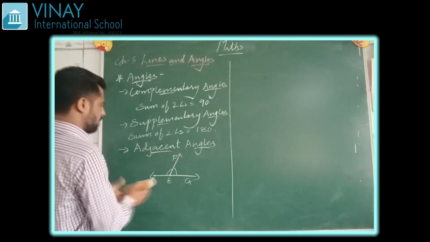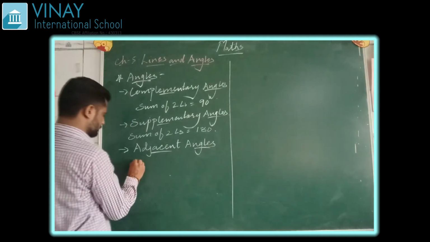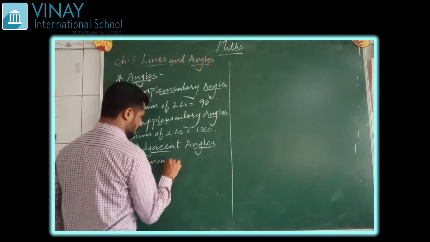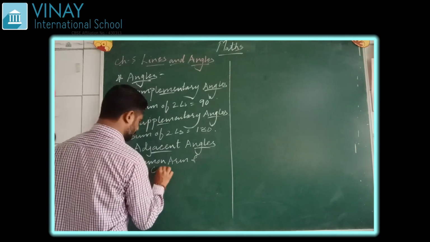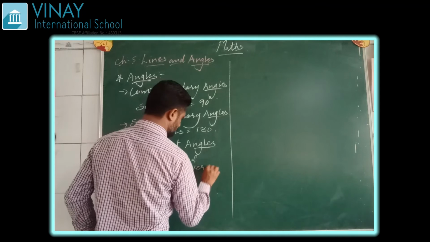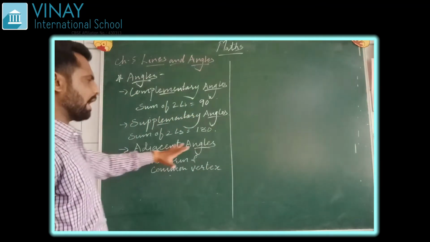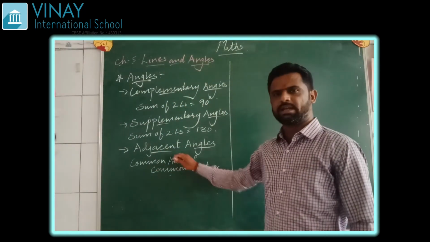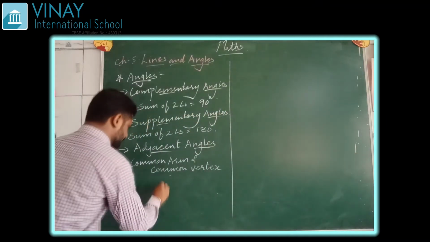So the definition of adjacent angle is: common arm and common vertex, one common arm and one common vertex. If two angles have one common arm and one common vertex, then they are known as adjacent angles.